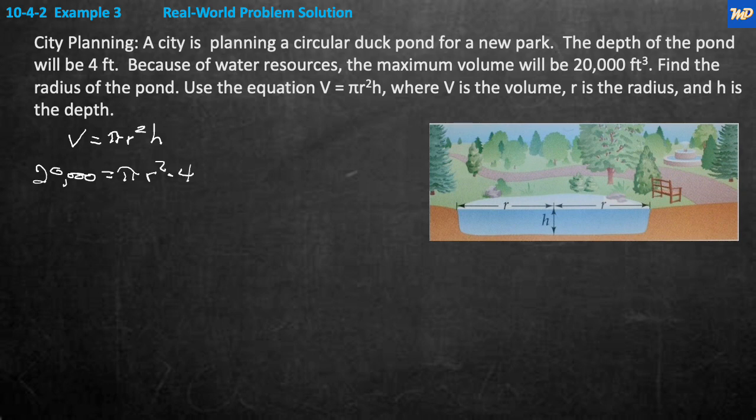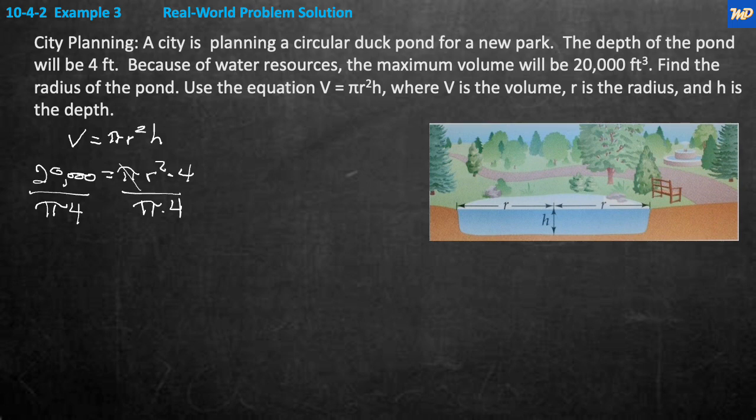Now we've got to solve for r squared, so we're going to get the r by itself. In order to do that, we're going to divide both sides by pi and 4. So on the left we have 20,000 divided by 4 pi, and on this side we have the same thing divided by pi times 4.